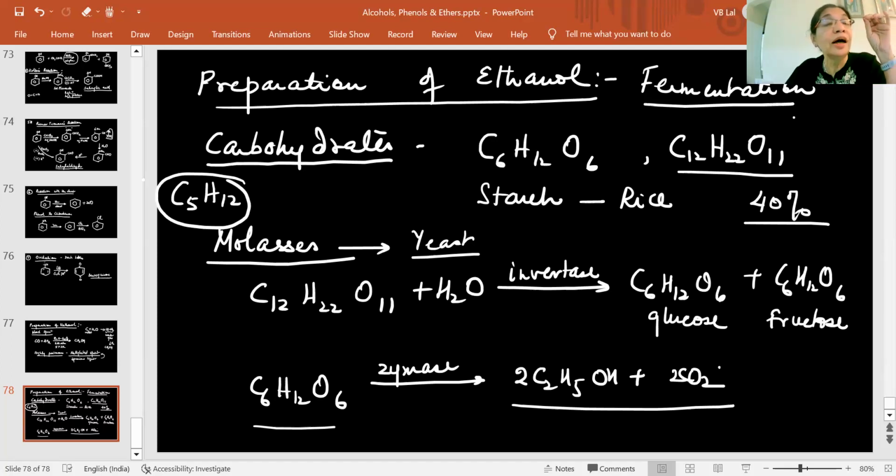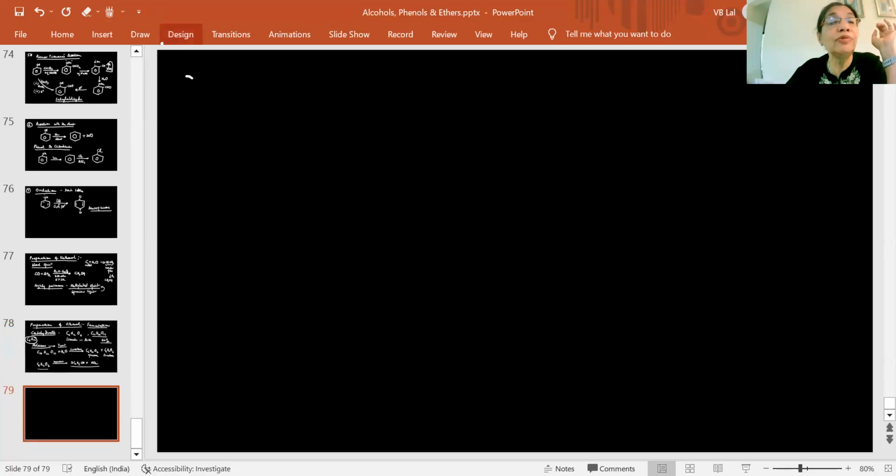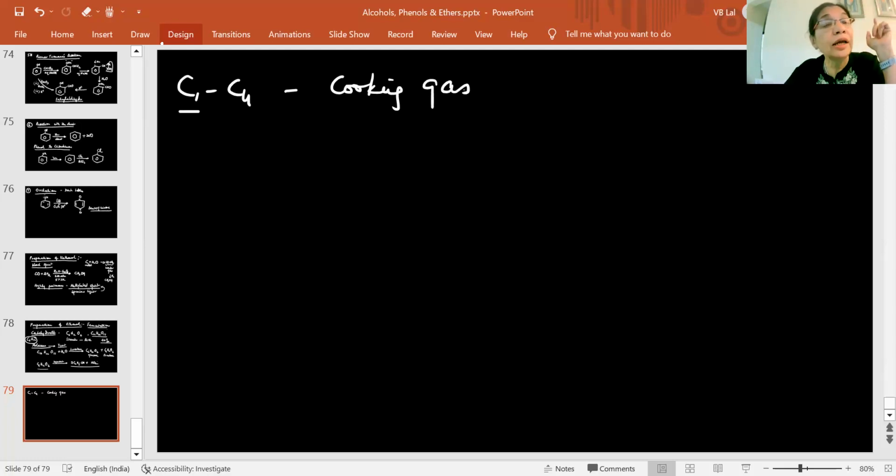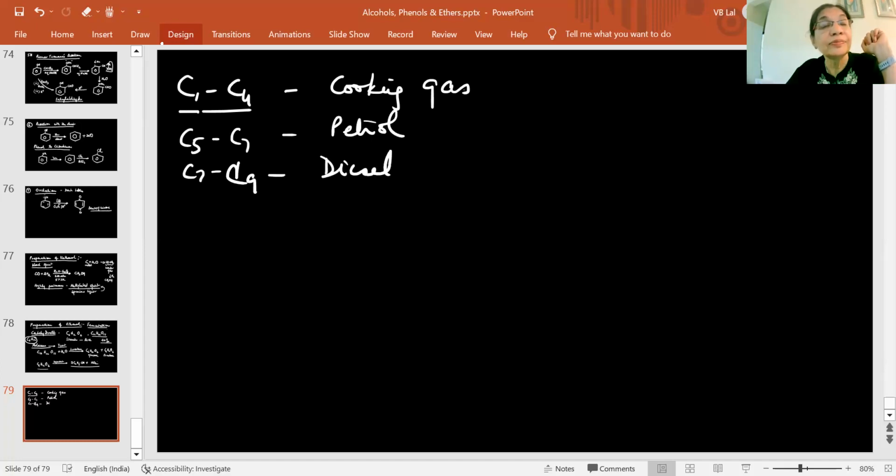Petrol is a hydrocarbon. This also you should know: C1 to C4 alkanes, which contain 1 to 4 carbon atoms, are used as cooking gas. The gas that you use at home, cooking gas, is a mixture of hydrocarbons from C1 to C4. C5 to C7 is petrol. C7 to C9 is diesel. All right.